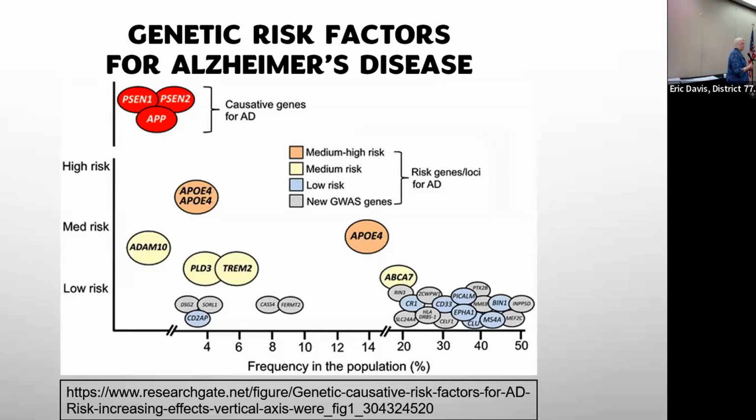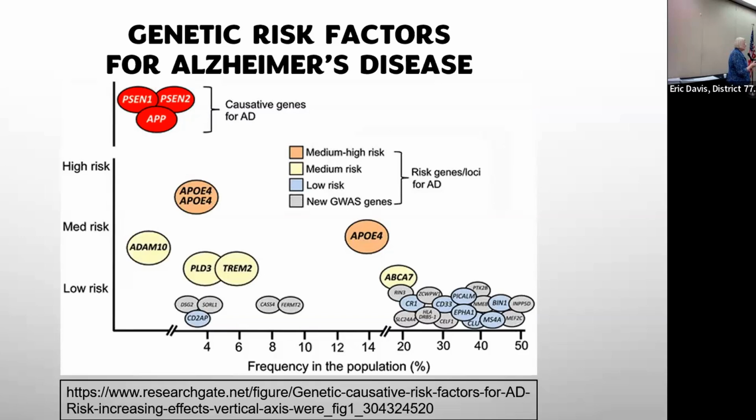But now we're finding all of these genes over here that are really common, right? Half the people have some of these mutations, or they're not mutations, they're variants of genes, because they're very, very common. But they increase risk a tiny, tiny little bit, so maybe a 5% or a 10% increase of risk.